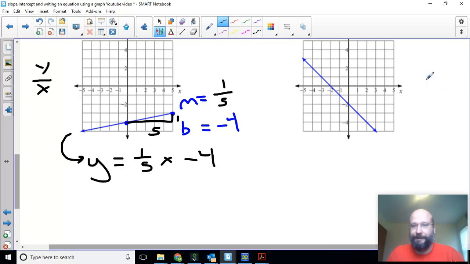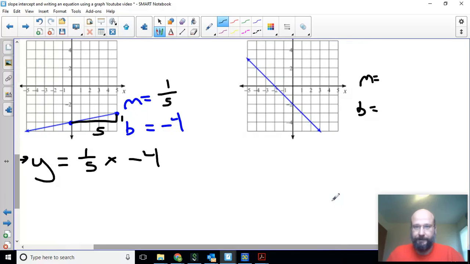So let's do the same thing here. We're looking for our slope and our b. So our b, easy to find. That's where it crosses the y. That's negative 2. Then this point looks good. I'll pick this one though. Either point will be fine.